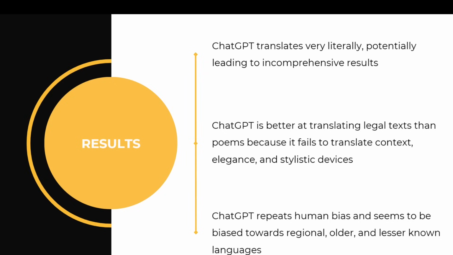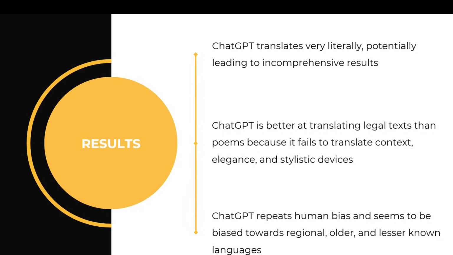The main results we could get were that ChatGPT translates very literally, potentially leading to incomprehensible translation results as such. ChatGPT is better at translating legal text, such as the governmental text of the United Nations, than it is with poems, because it fails to translate the context, elegance, and stylistic devices that are used in poems.